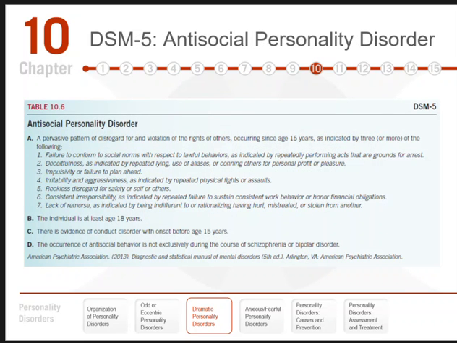These are people who have a pervasive pattern of disregard for and violation of the rights of others occurring since the age of 15. You notice they actually drop the age on these characters, literally characters, personalities. Usually it comes out of a diagnosis of conduct disorder in childhood. That doesn't mean that everybody that gets a diagnosis of conduct disorder in childhood will go on to have an antisocial personality disorder.